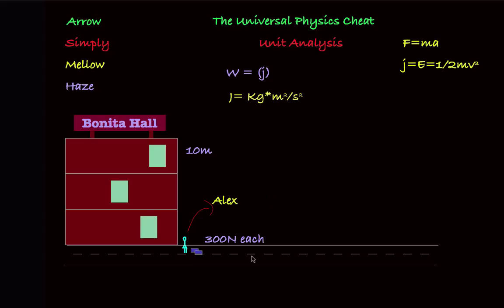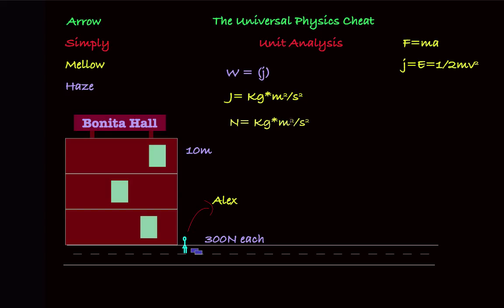Now the other part of this equation is force, and this is described in newtons, which again I don't know what newtons really means, but I do know that force is equal to mass times acceleration. So let me figure out the units of mass times acceleration. Okay, so if we try and figure out the units of mass times acceleration, what we get is that newtons must be equal to mass, which is kilograms over here, times acceleration, which is meters per second squared.